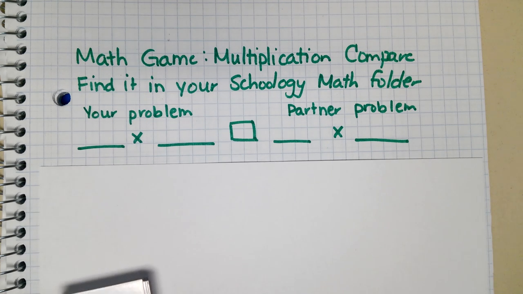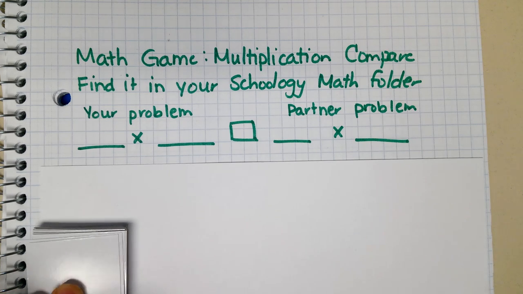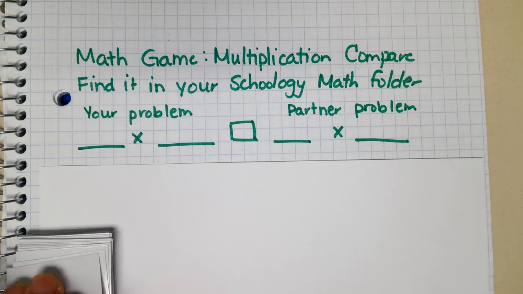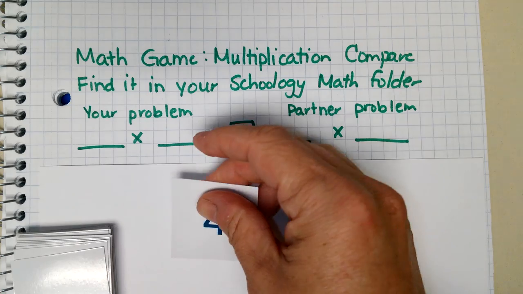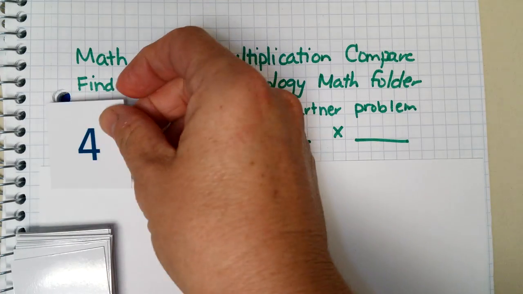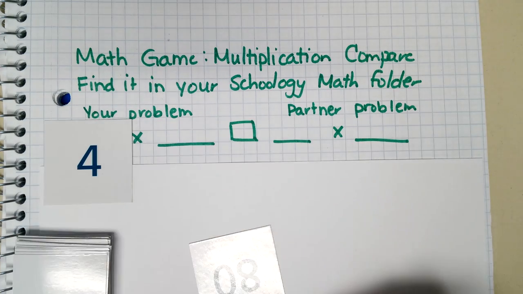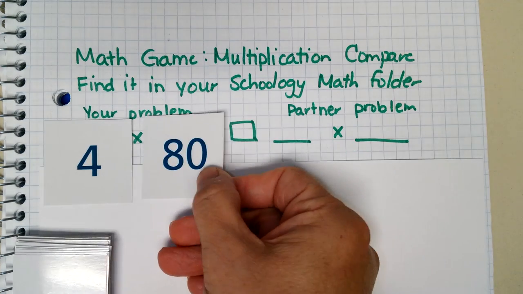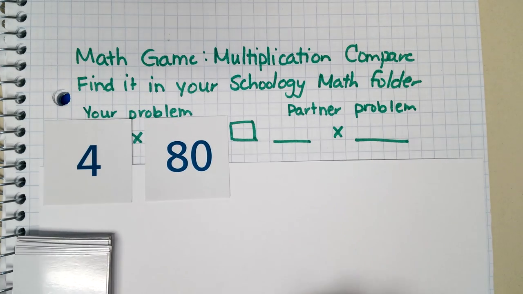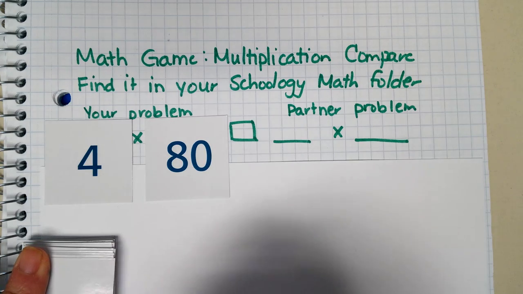So in our game, the computer automatically assigns you some numbers. It's going to put up yours. So 4 times 80 is going to be your cards.